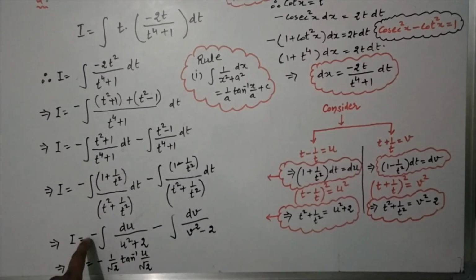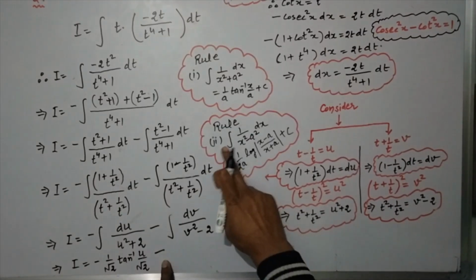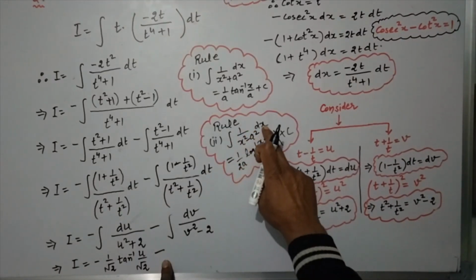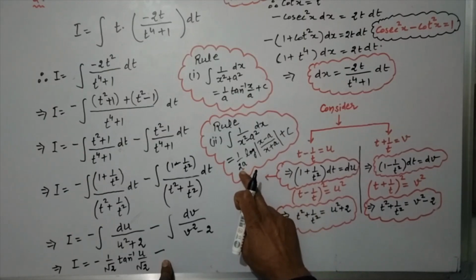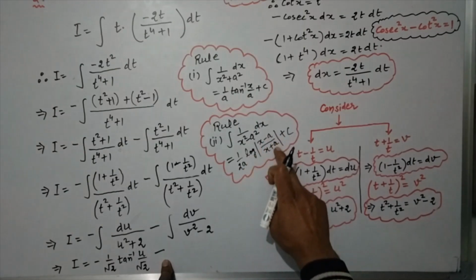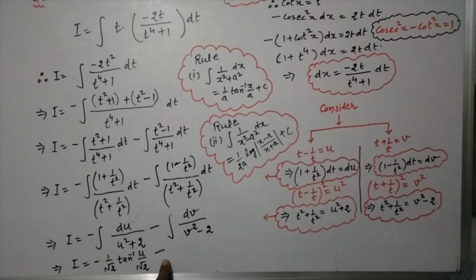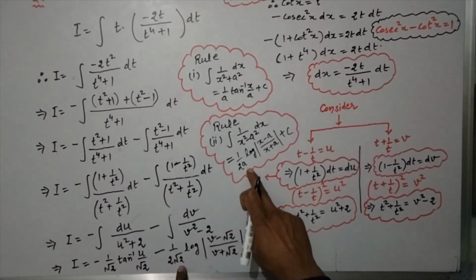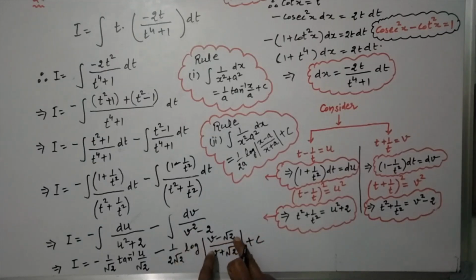For the first integration, 1 upon x square plus a square into dx, the rule is 1 upon a tan inverse x upon a plus c. So we apply this here: minus 1 upon square root 2 tangent inverse u upon square root 2. Next minus, here we apply this rule, 1 upon x square minus a square dx equal to 1 upon 2a log of x minus a upon x plus a plus c.